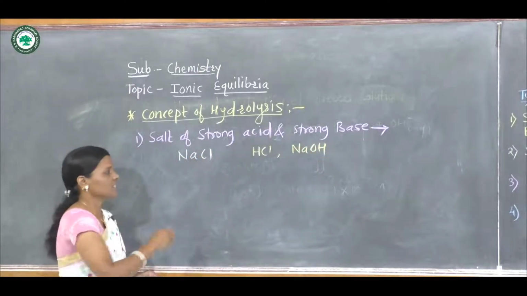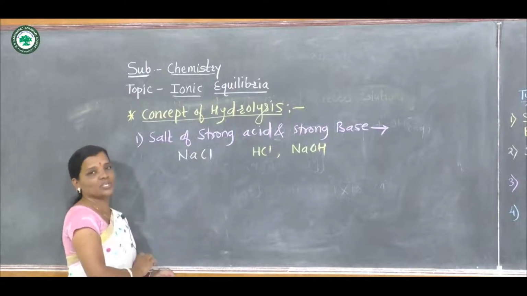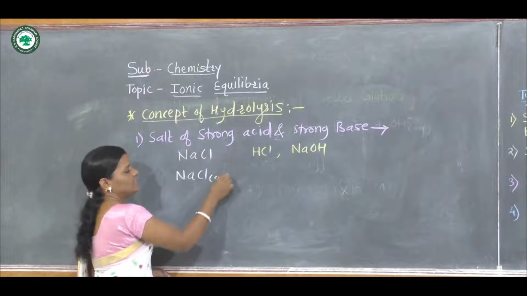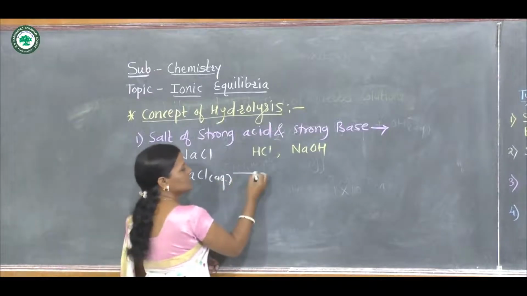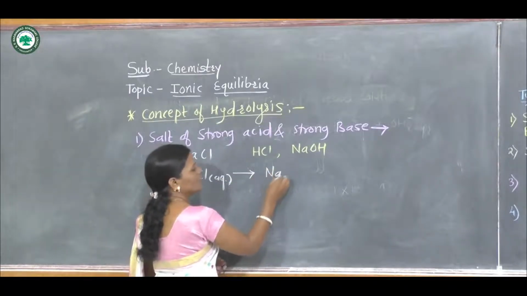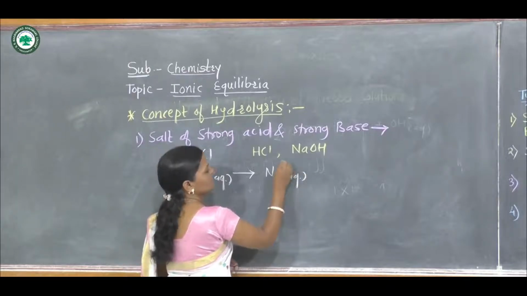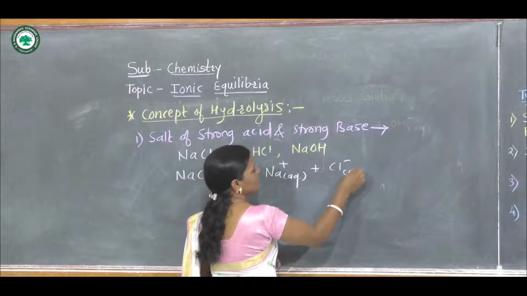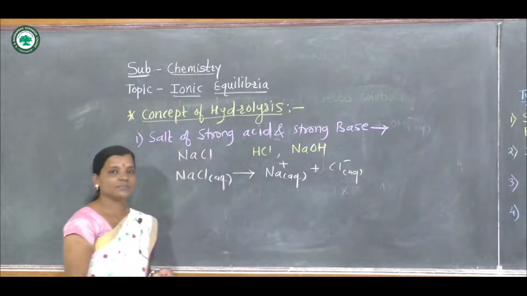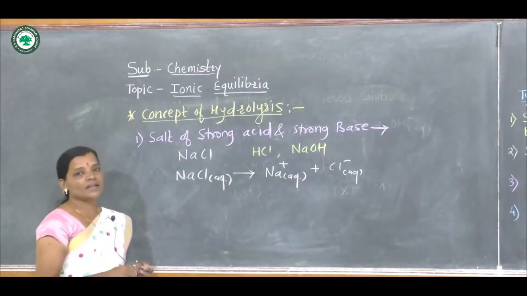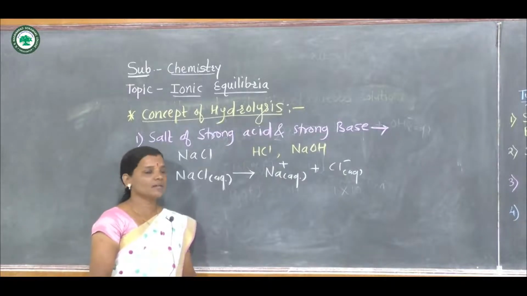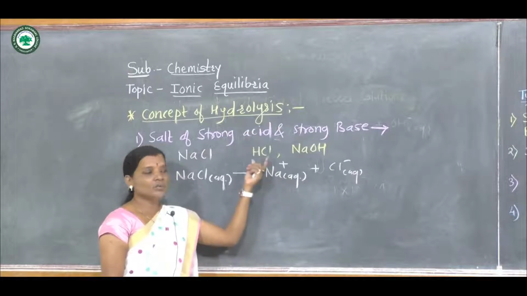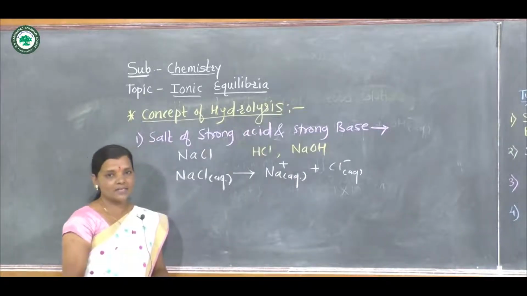And this NaCl in its aqueous solution dissociates almost completely to form Na plus aqueous ion and Cl minus ions.